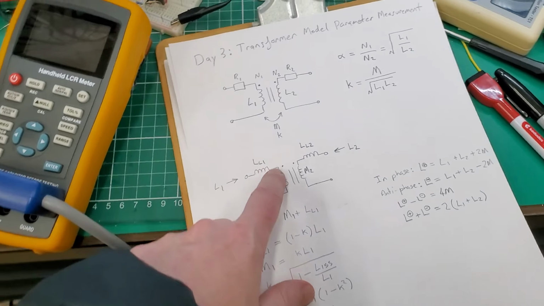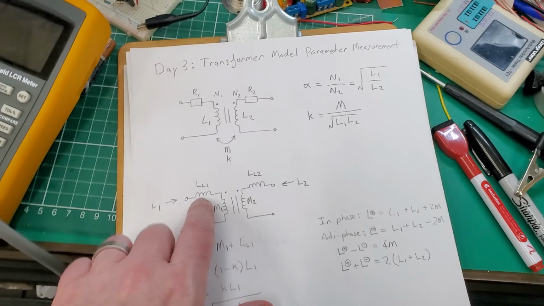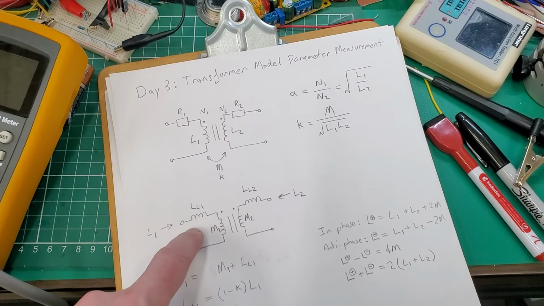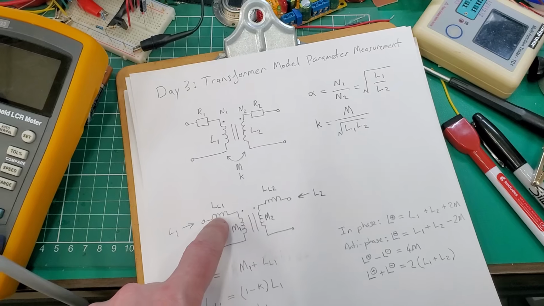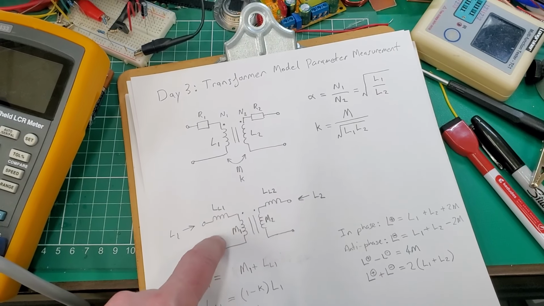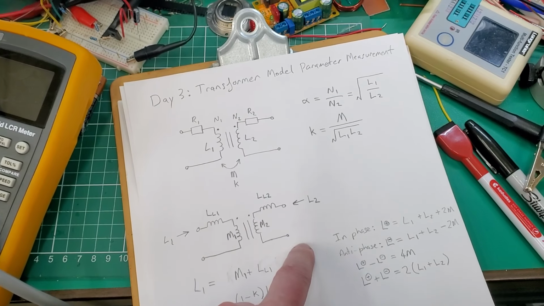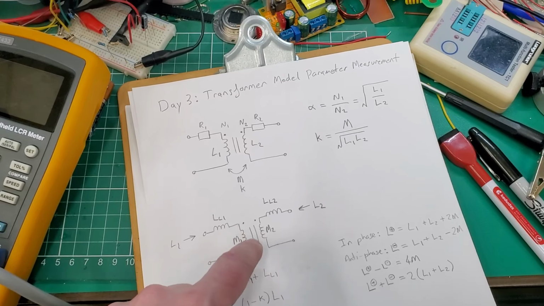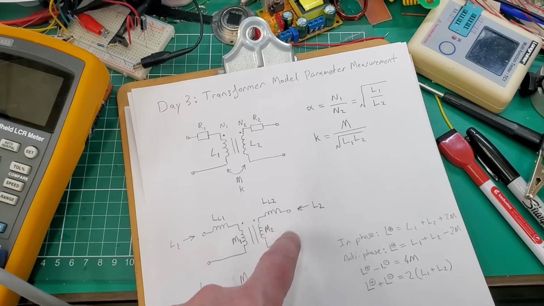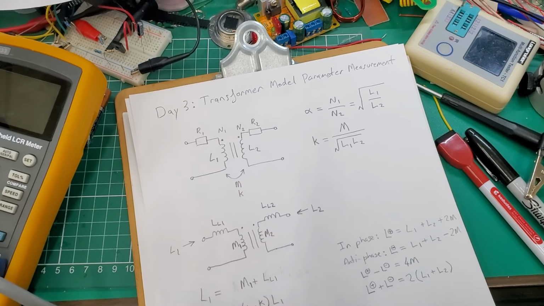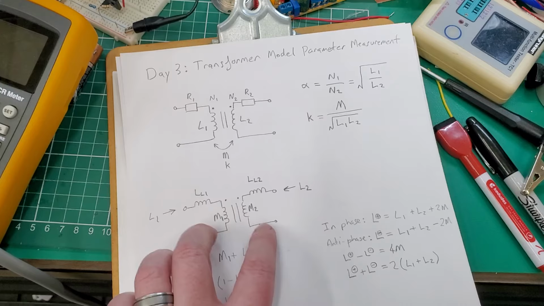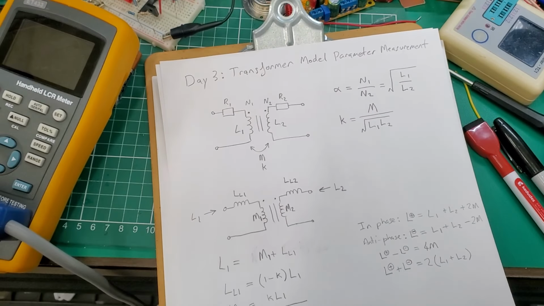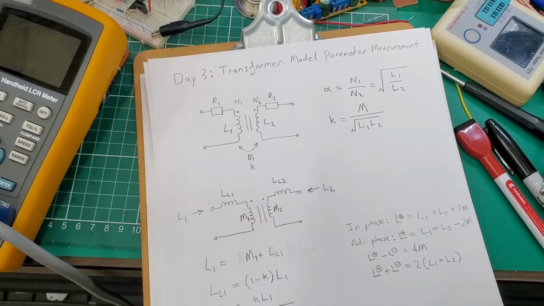The inductance that you see looking into this is the sum of the leakage inductance, which is the self-inductance of the winding that doesn't link the other winding, and the mutual inductance, which is shared between them, that fully links the flux with the mutual inductor in the other winding.